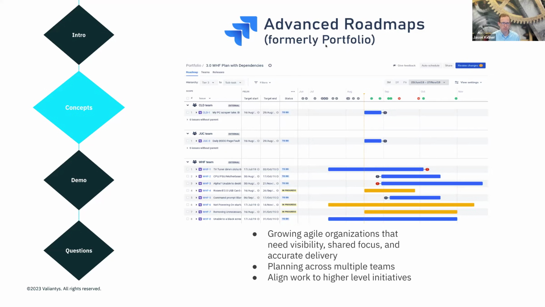This is formerly called Portfolio for Jira. It's actually being rebranded now more as what's called Plans within Jira Software Cloud. The idea here is that this is a really great planning tool within Jira, a road mapping tool to help you plan your scaled Agile.